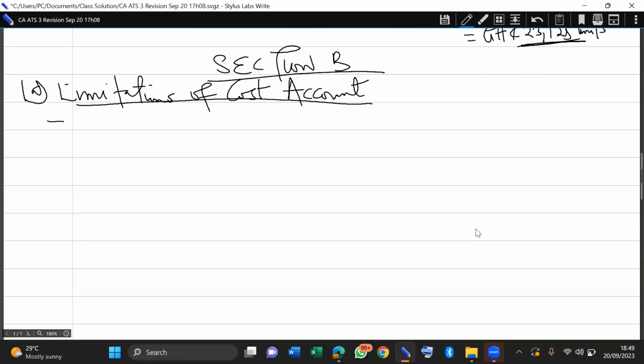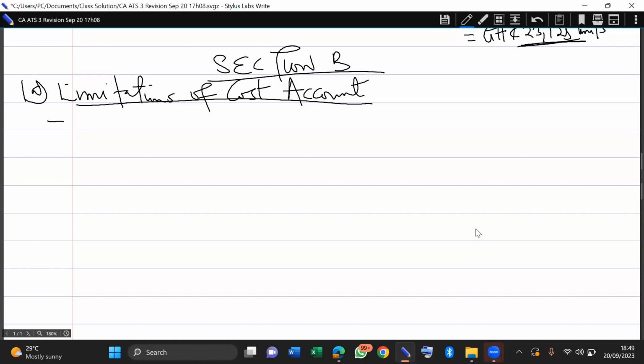Irrespective of the limitations that I'm giving to you, I really want you to know that one idea is also very, very important. In cost accounting, most of what we do is what you do every day. Most of all the cost accounting activities are what you do every day.